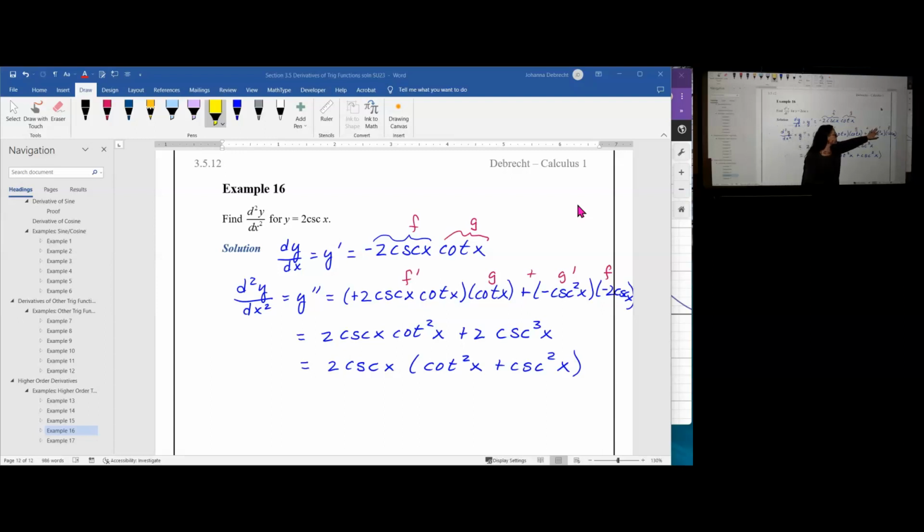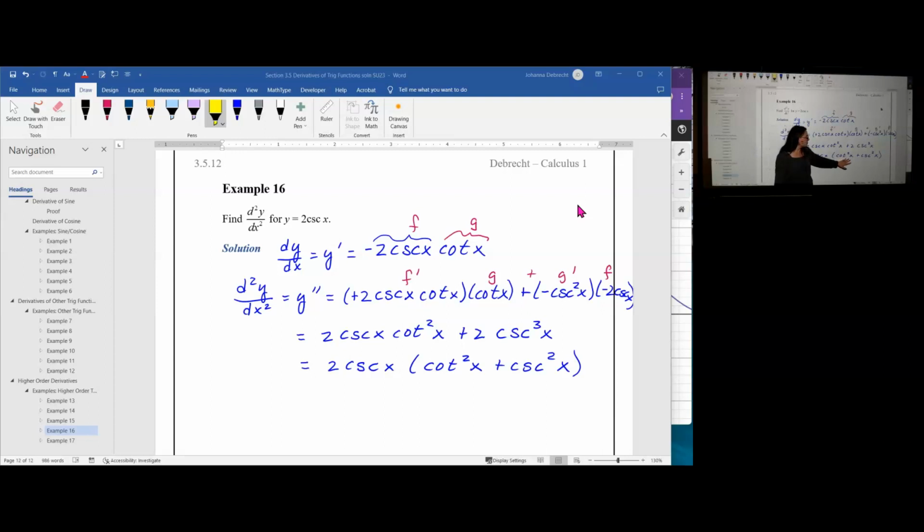Then I add to that g prime times f, which is a negative cosecant squared times the first factor, negative 2 cosecant. When I simplify this, I got 2 cosecant x cotangent squared of x plus 2 cosecant cubed of x. Notice they had a common factor, so I factored it out to see if it made it simpler.